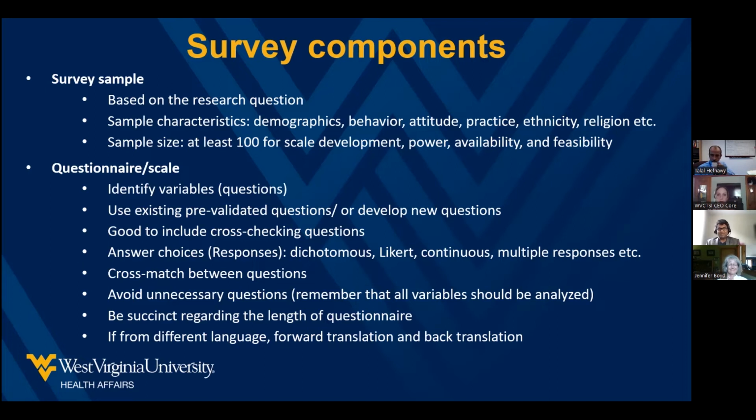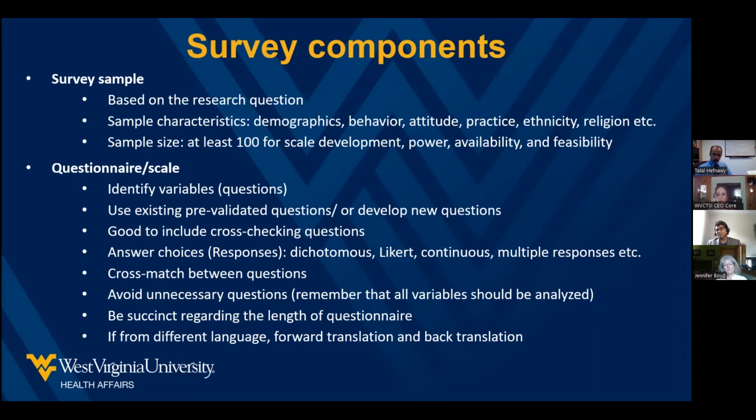And then cross match between questions, which I discussed earlier along with cross-checking questions. When we develop a questionnaire, it is in our mind what type of analysis we are going to do and what we want to see from this analysis.